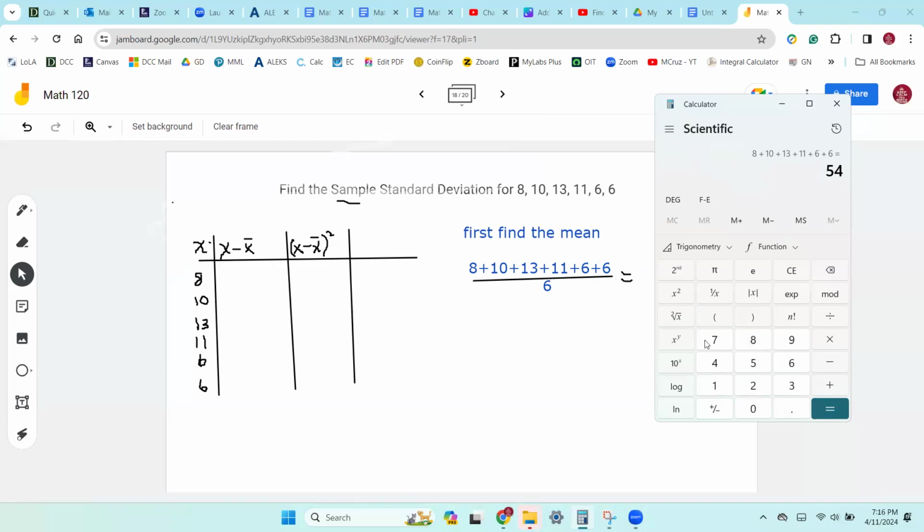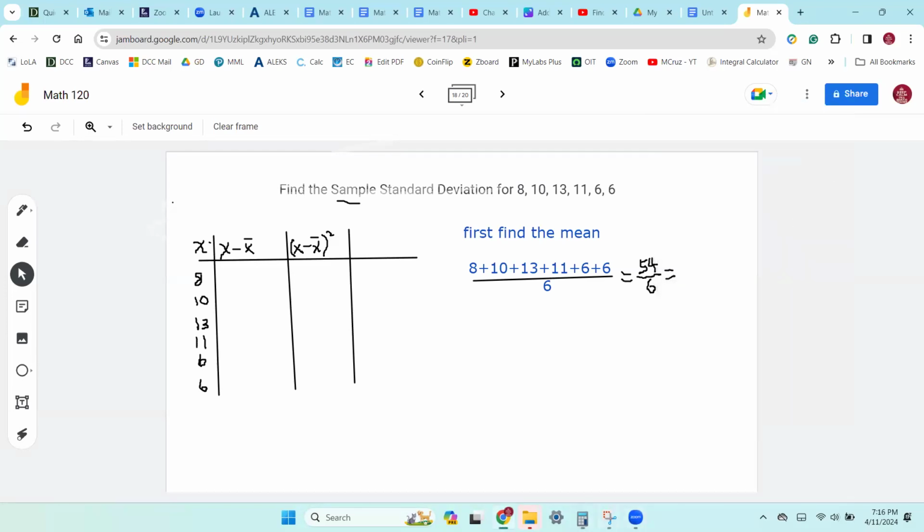So 54, divided by 6. What does that give us? So it's going to be 9.